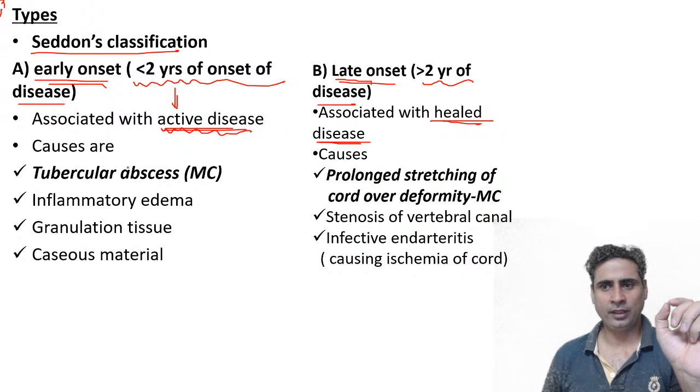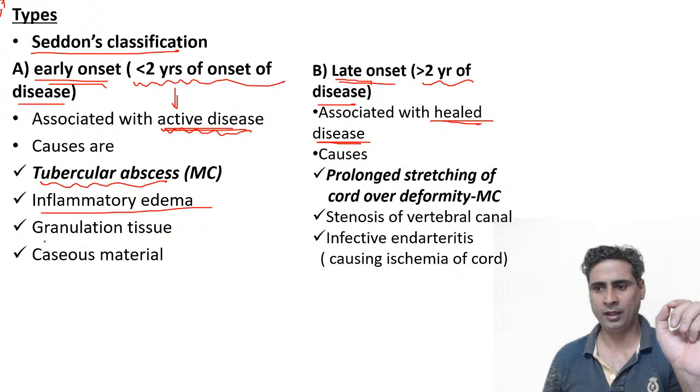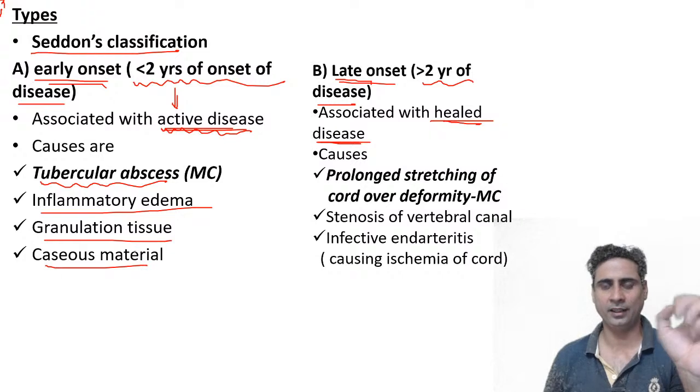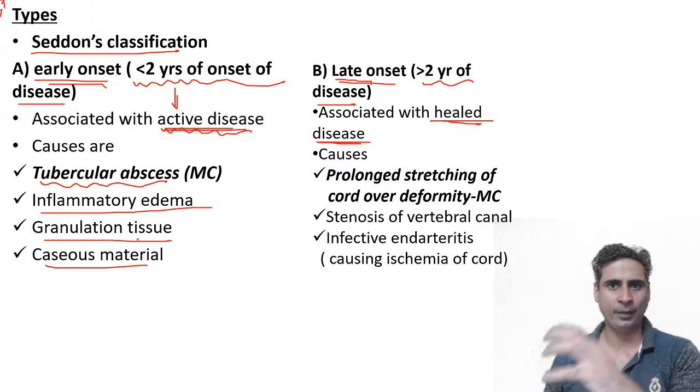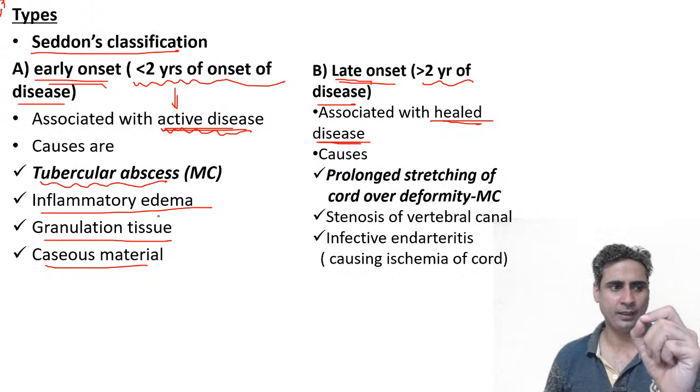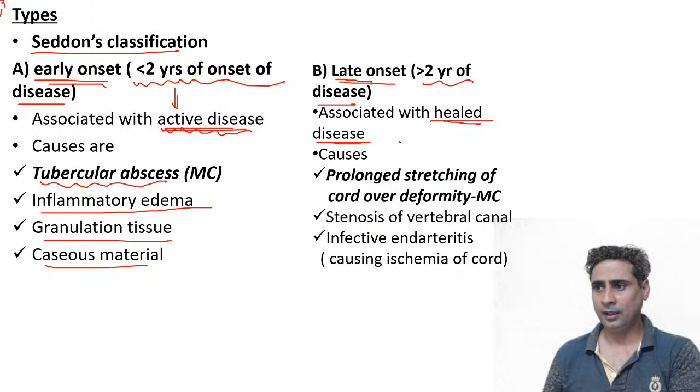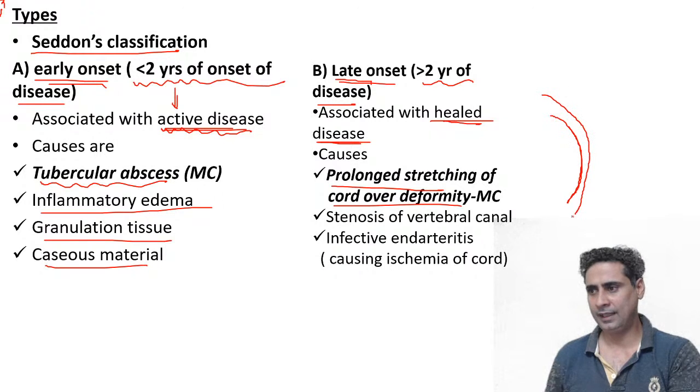Now in early onset, causes are compression by tubercular abscess or inflammatory edema, granulation tissue or caseous material. So all are signs of active infection, and any of these will compress the spinal cord leading to paraplegia. Whereas in late onset, it is either due to prolonged stretching of the cord over kyphotic deformity. See, this is kyphotic deformity, the cord will be like that. So it is stretched for a long time over kyphotic deformity.